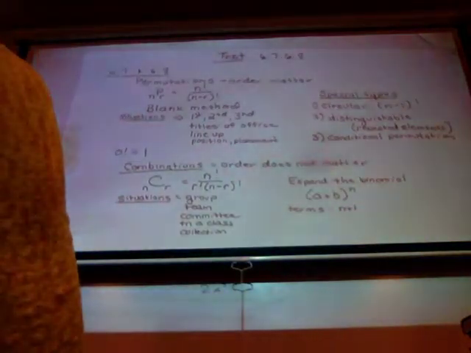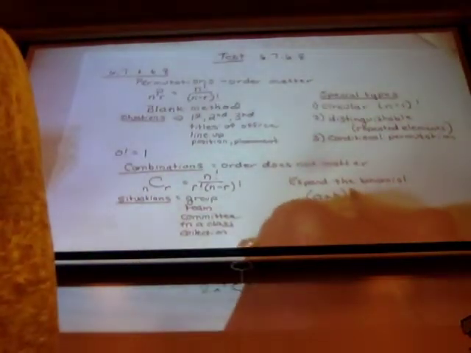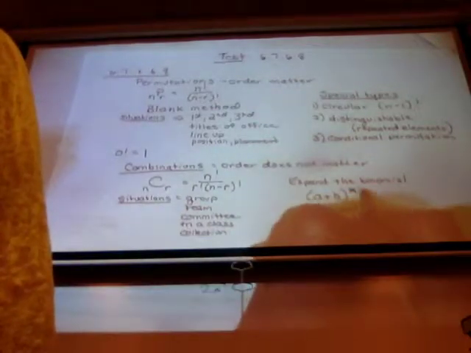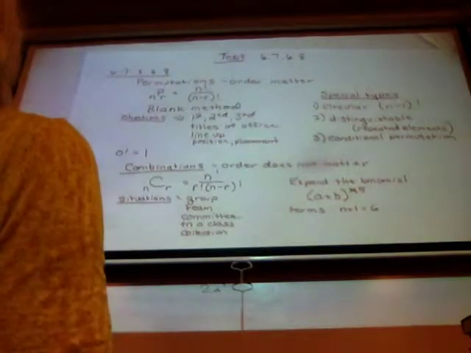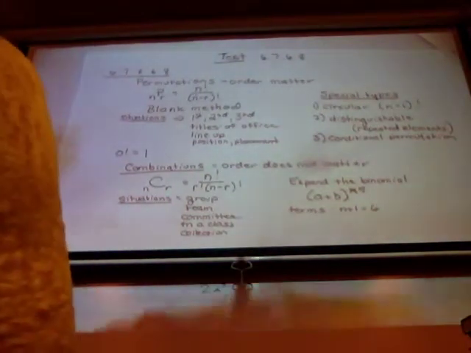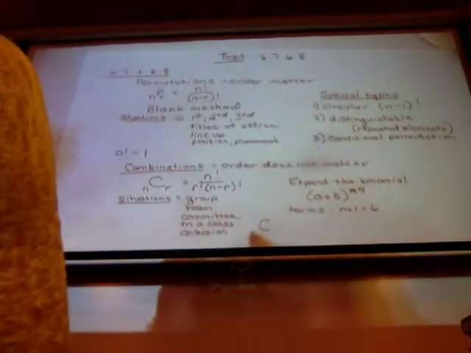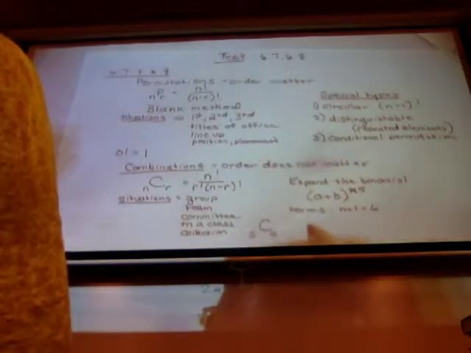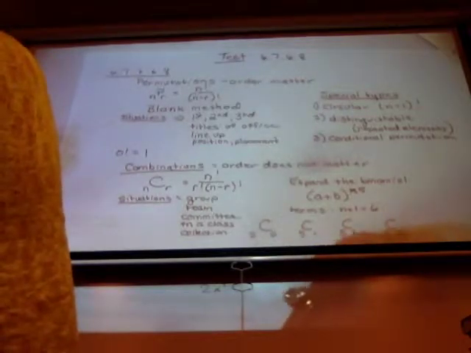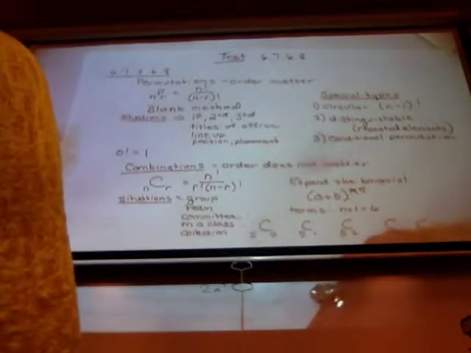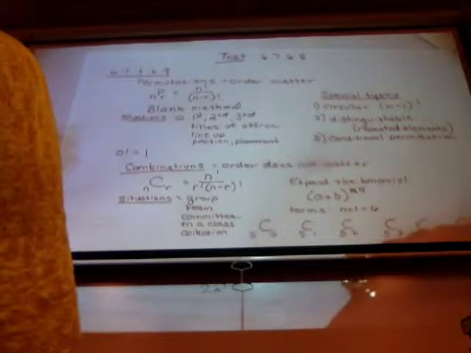And remember, let's just make this a 5. Then this would be 6, right? And then you would start out and be 5, 0. Oh, why did I do 5? 5, 1, 5, 2, 5, 3, 5, 4, 5, 5.